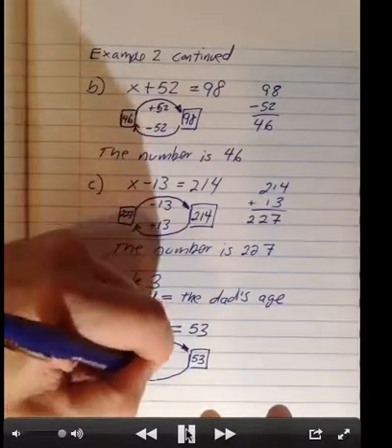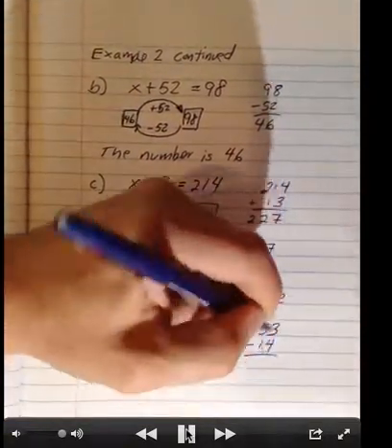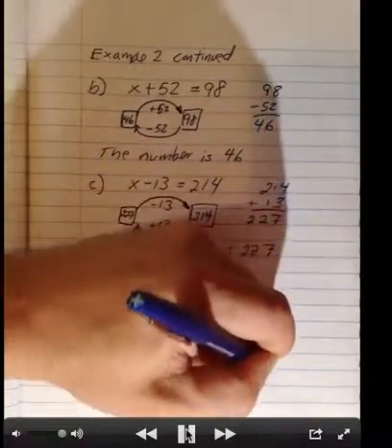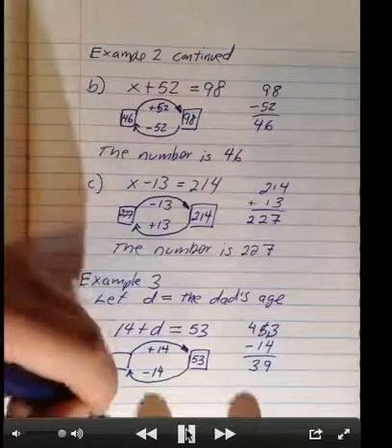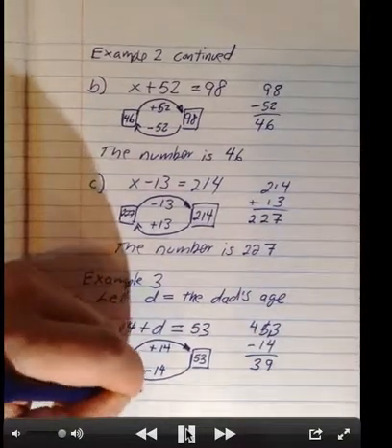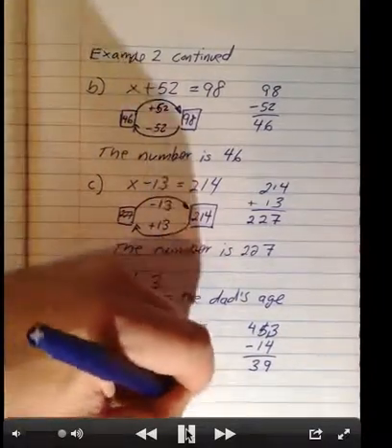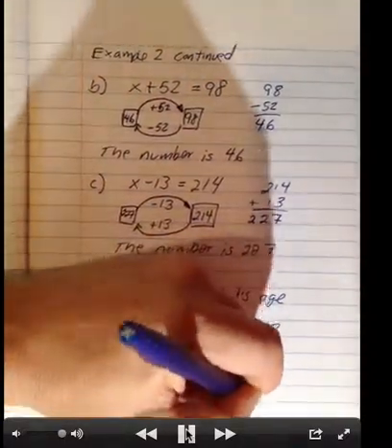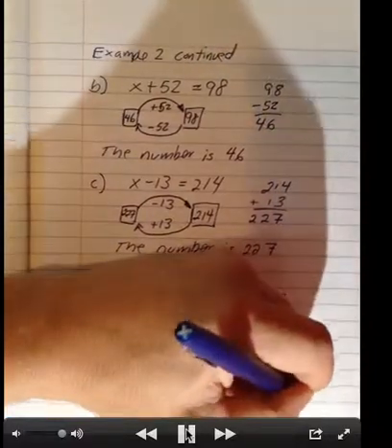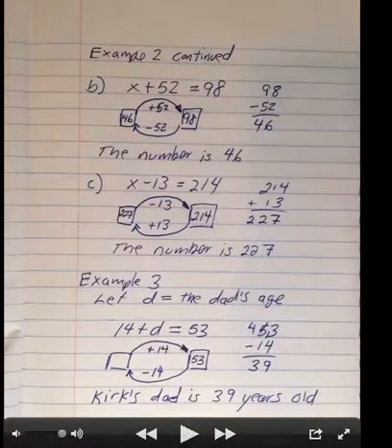We subtract 14. 53 minus 14 is 39. So the dad's age was 39. And there should be a 39 right here.